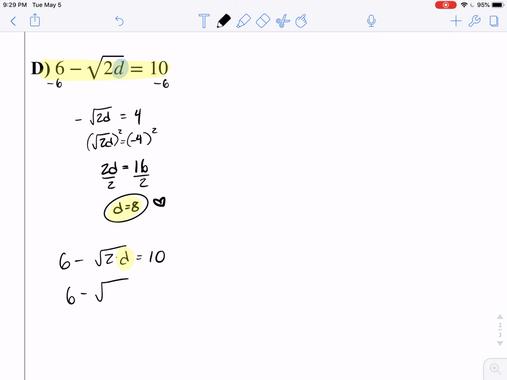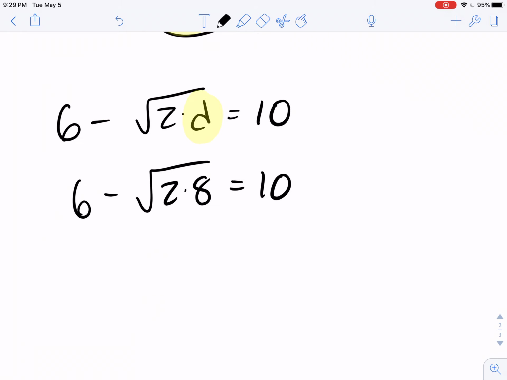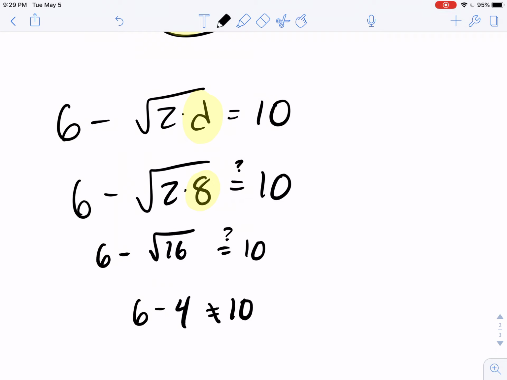6 minus the square root of 2 times 8 equals 10, question mark. Does it, though? So 2 times 8 is 16. 6 minus the square root of 16, is it 10? Well, the square root of 16 is 4. Oh. No. That did not work. I'm so sad.